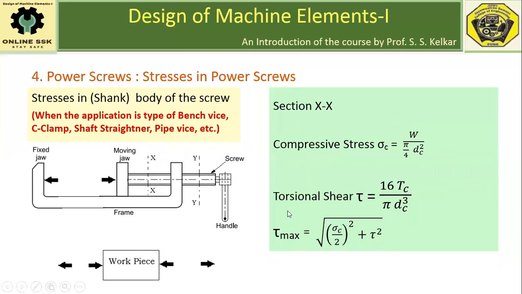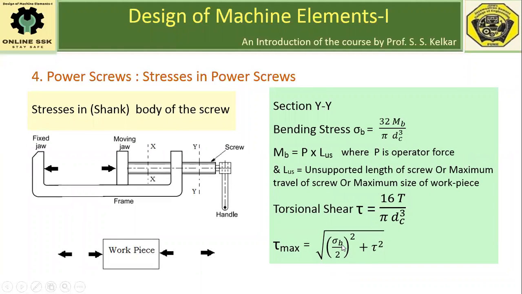Previously, we had calculated the maximum shear stress developed inside section XX. There, sigma C was used for section XX, and while calculating tau we had to use TC. Whereas for section YY, instead of sigma C, sigma B is to be used, and while calculating tau, instead of TC, we have to take into account the total torque given by the operator, or the torque required to operate the application.